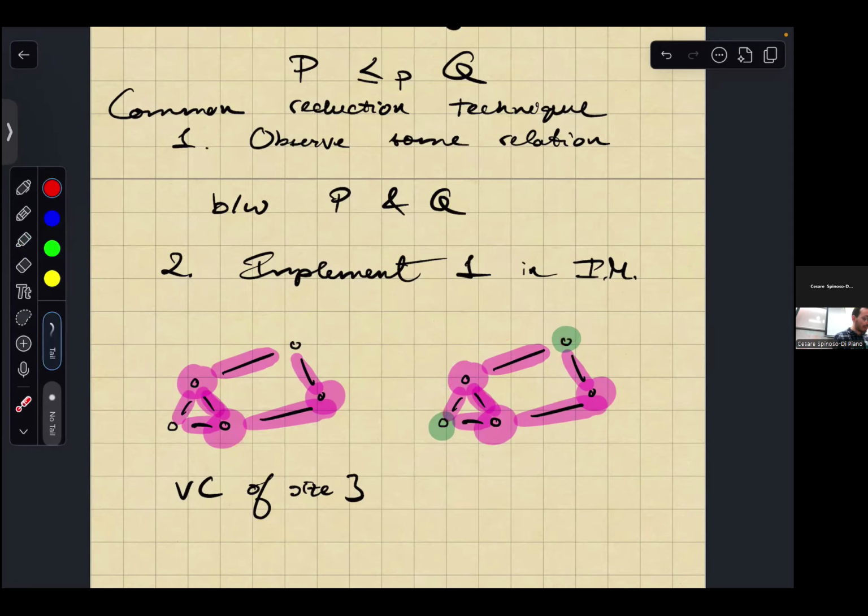Nice. So that means I have an observation between these two problems. Namely, I should take the complement of the vertex cover, and that will give me an independent set. So here I have an independent set of size 2.